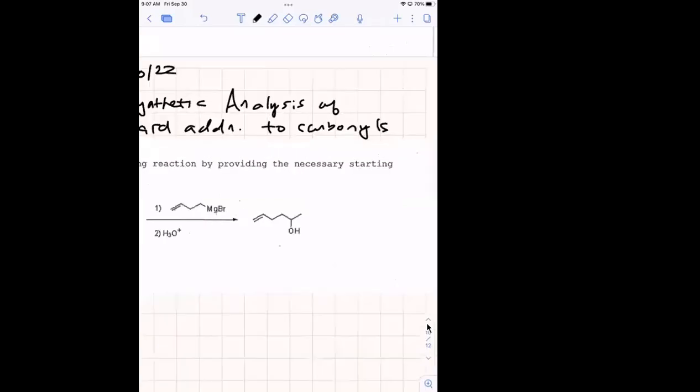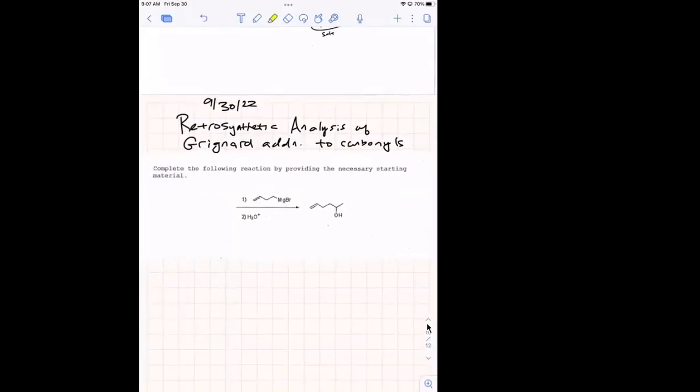All right. So the term retrosynthesis is basically working backwards, right? That's in so many words, it just simply means to work backwards. So when we talk about retrosynthetic analysis, what we're doing is looking at a product and knowing that that product is from a specific type of reaction, we can work backwards to the start materials.